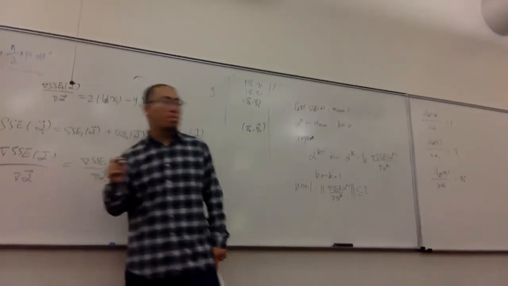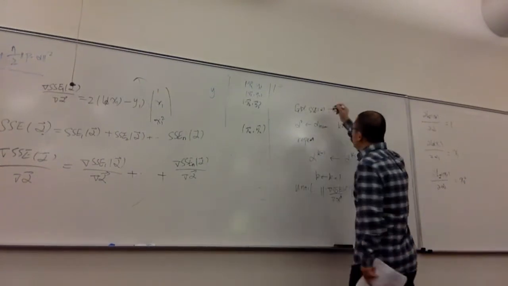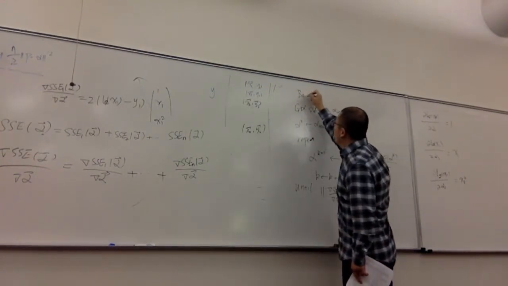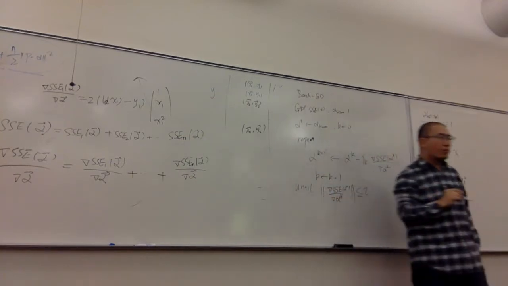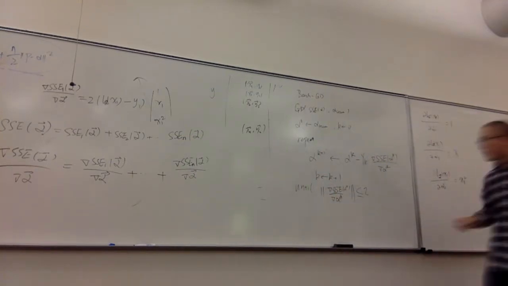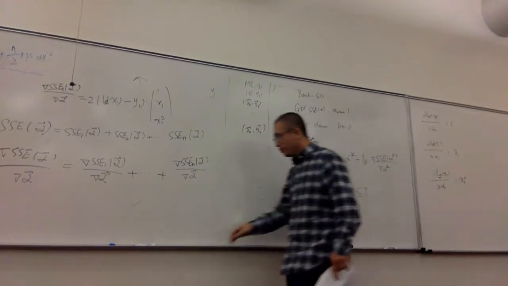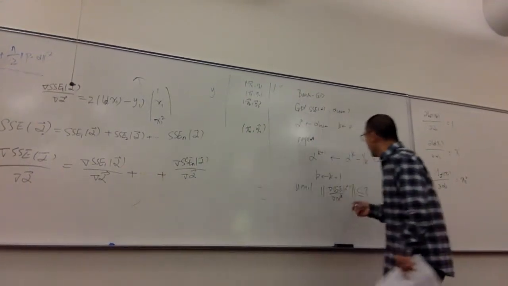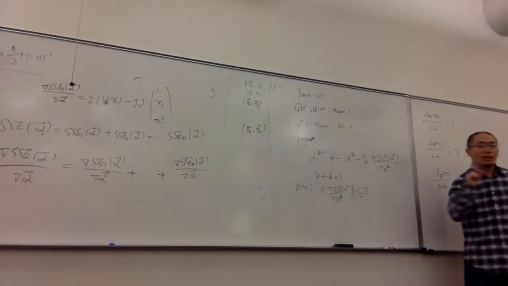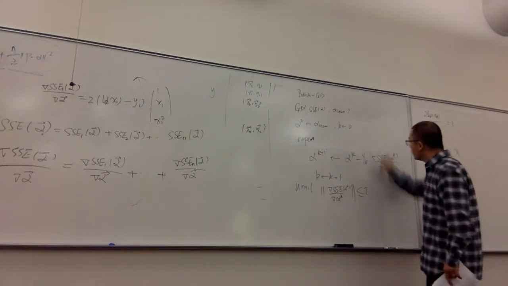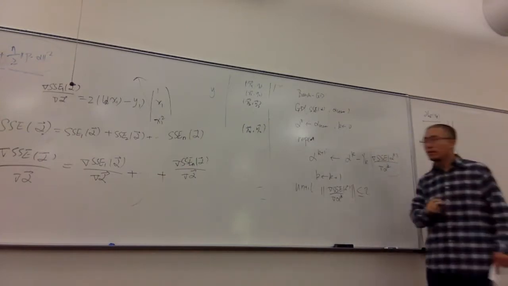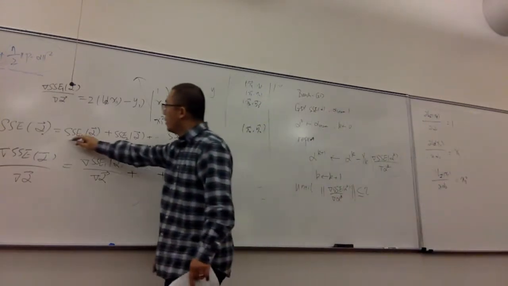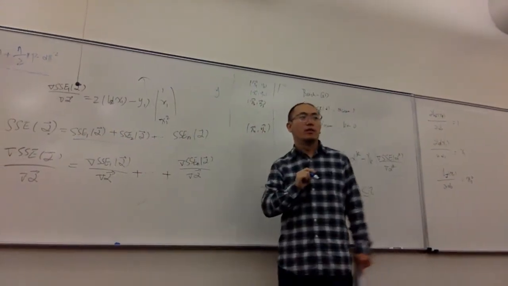Right? So this algorithm is called batch gradient descent. Why is it called batch gradient descent? Because for each particular update, the computation of the gradient needs to go through all of the training instances.